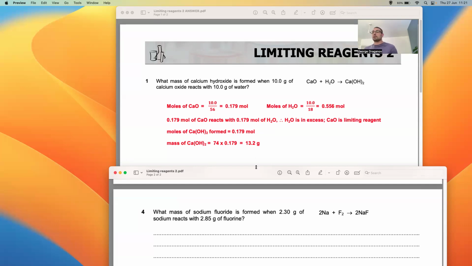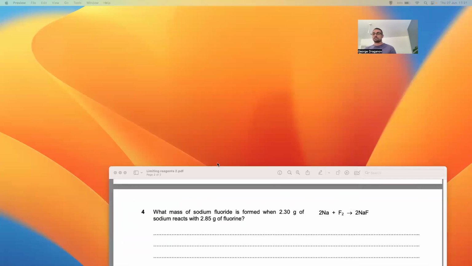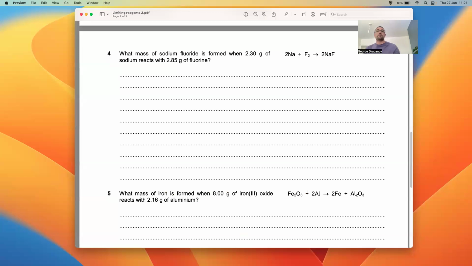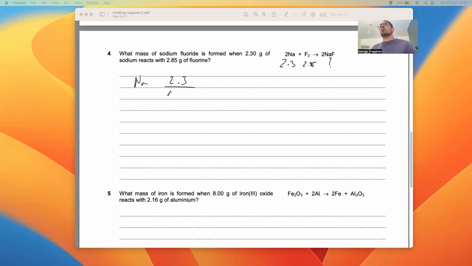Let's look at something like number 4. Okay, so number 4, we have sodium, 2.3, and fluorine, 2.85. And we're looking for the mass of sodium fluoride. Step 1 is moles. So for sodium, we do 2.3 over 23.